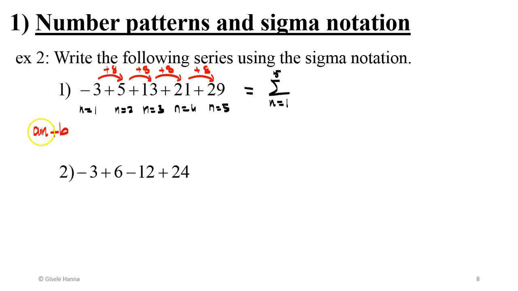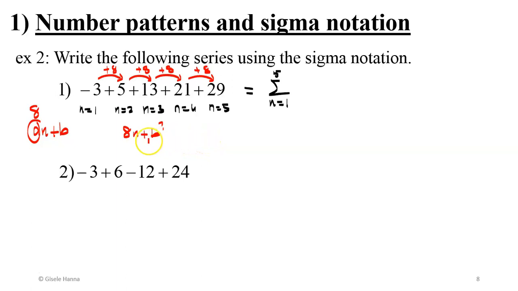So usually the gradient of the linear expression represented here by a is in fact that constant we're adding, which we call the common difference of the arithmetic sequence. So over here, since I'm adding 8, then a is equal to 8. So I know it's 8n plus b. I still need to determine what b is.